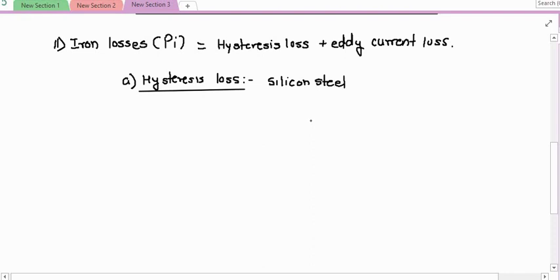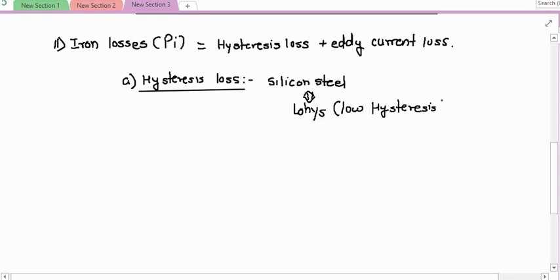Commercially, such steel is also called lohys. Lohys means low hysteresis material, the material having low hysteresis loss.